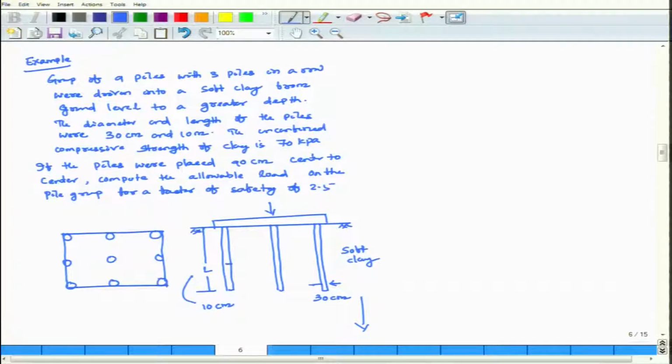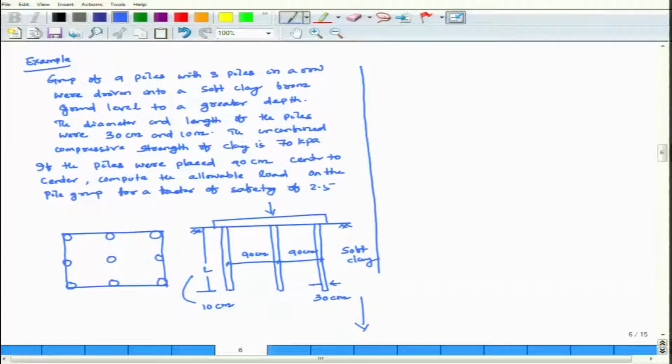The center to center distance is given as 90 centimeter. Now, find the allowable load: first find the ultimate load, then the factor of safety is given, and from there you can find the allowable load. So, this is the question I explained.